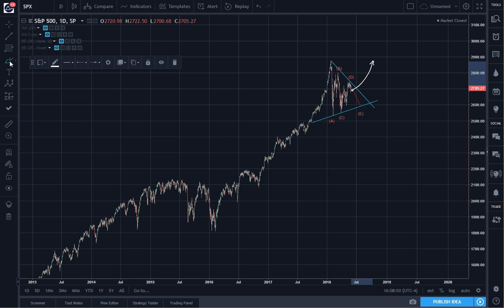But I think it's more going to be an E wave breakout like this. So we may see another decline towards the 2500 or 2600 zone, and that would complete the E wave requirement.